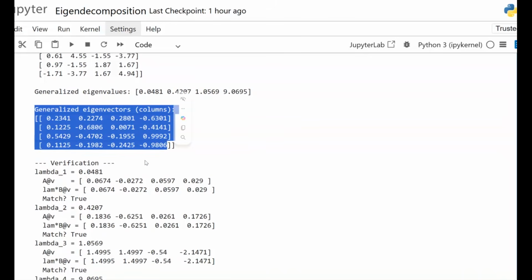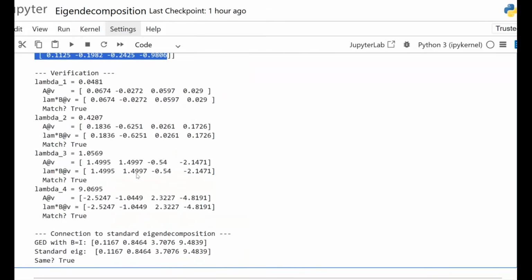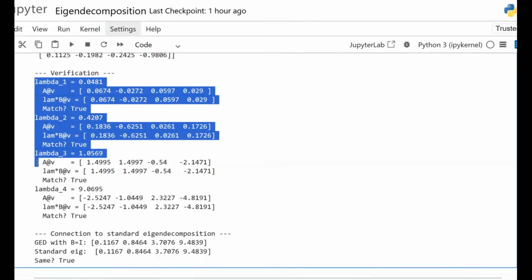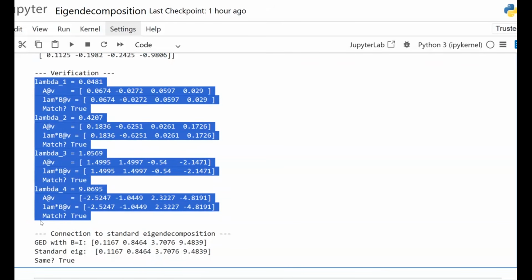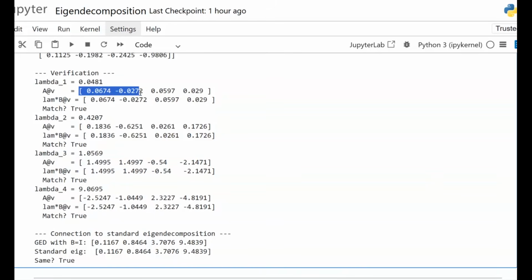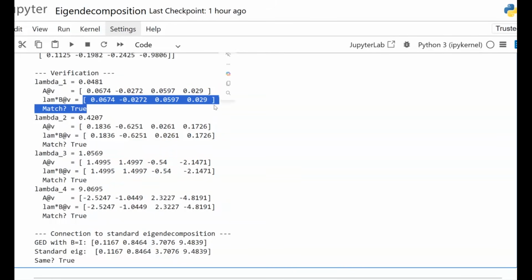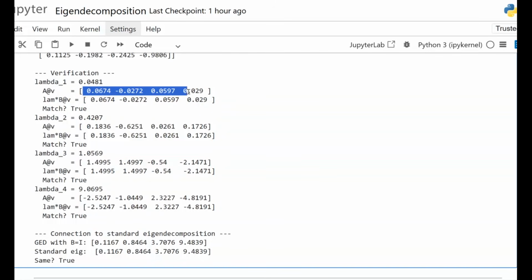When we interpret with generalized eigendecomposition, that is GED, we get the verification with the lambda functionality, that is AV equal to lambda B times V sub i. So here this is A times V, and this is lambda B times V, and both are equal. So this confirms numerical correctness.